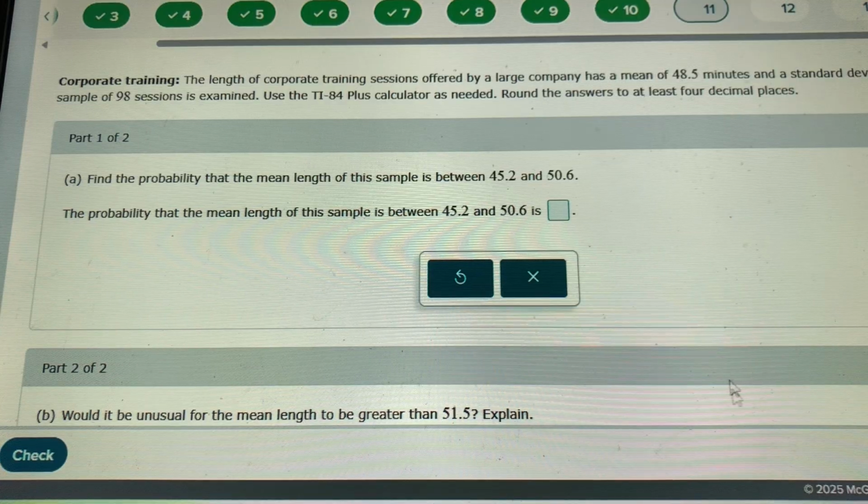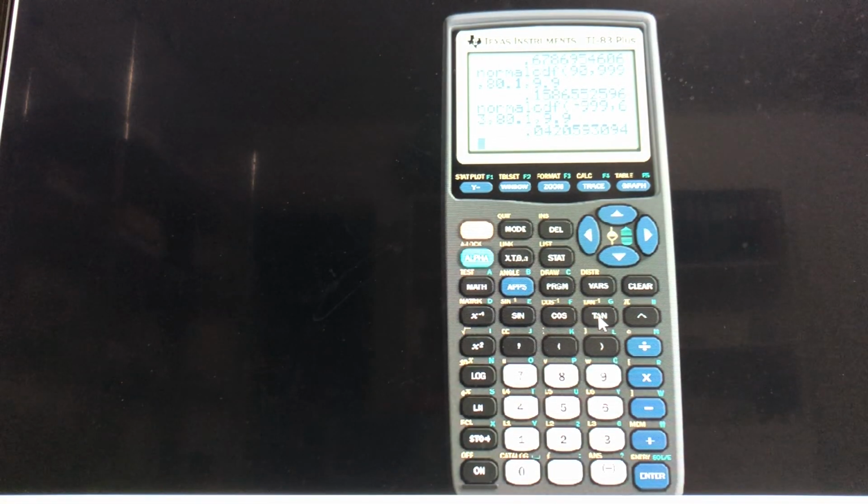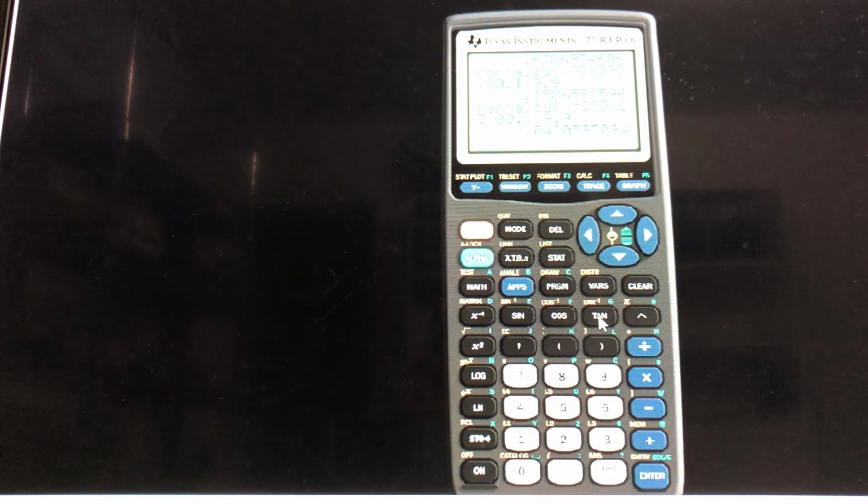Two things before I do number 11. Say you forget what the empirical rule of chapter 3 was. Turns out if you do normal CDF between -1 and +1, remember how we always had to have between -1 and +1, or between -2 and +2, or between -3 and +3.